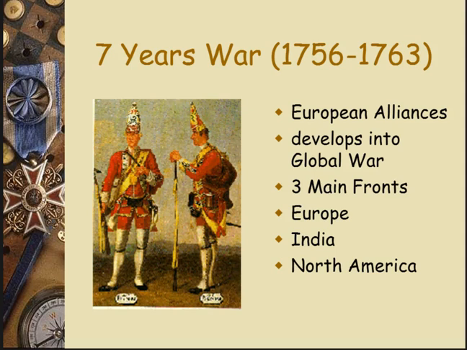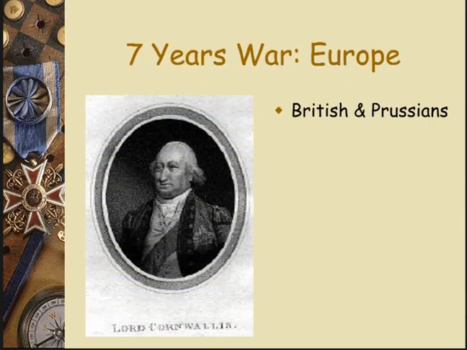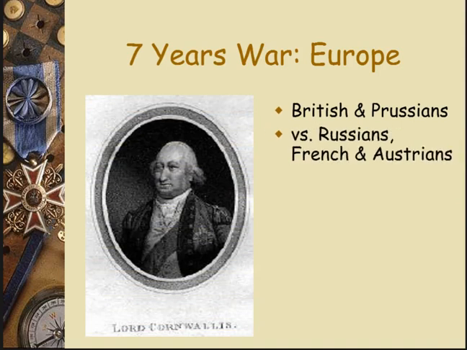But also, of course, they're fighting in Europe. Makes sense. This is where they are, right? The French and the British are in Europe, but they're drawing in other allies like the Prussians and so forth, and also in India. So there are 3 areas in which these battles are taking place. So let me just look quickly at those 3 areas.